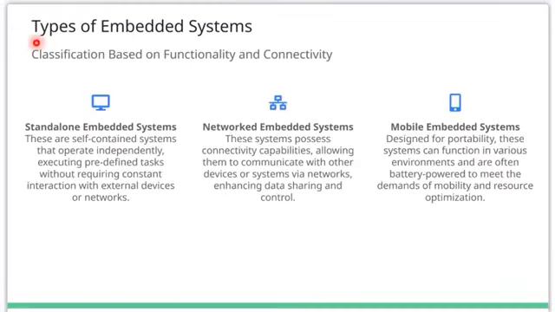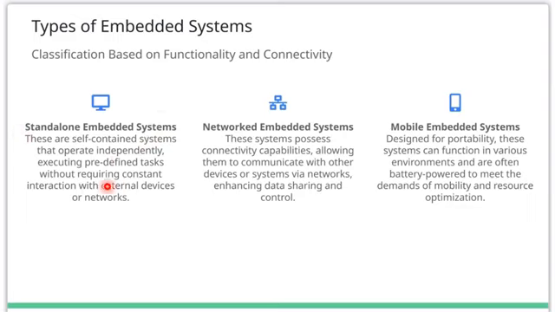Next part, we need to have an idea of the types of embedded systems. These types can be based on their functionalities or on their connectivity. To begin with, we are talking about the standalone embedded system.